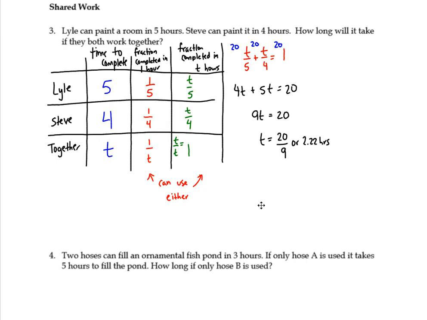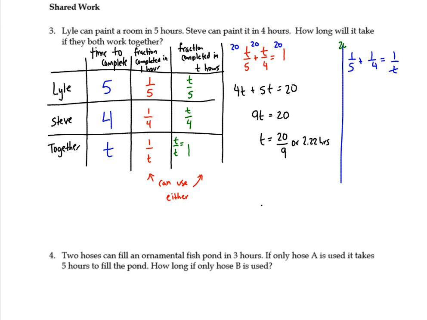Now, just so you can see, I could have used the other column. I could have used 1/5 plus 1/4 equals 1 over t as well. So Lyle's portion plus Steve's portion equals the portion together. Again, what would be my common denominator here?